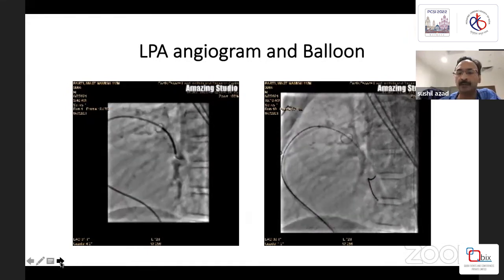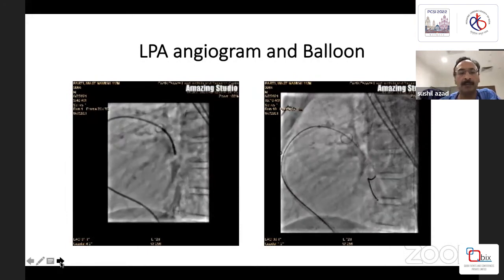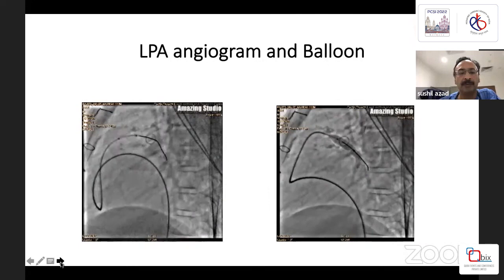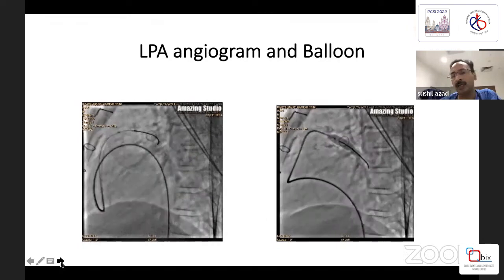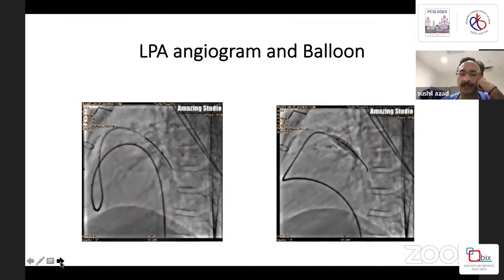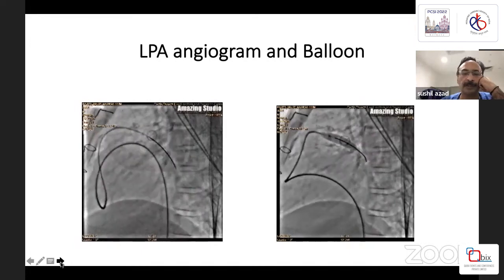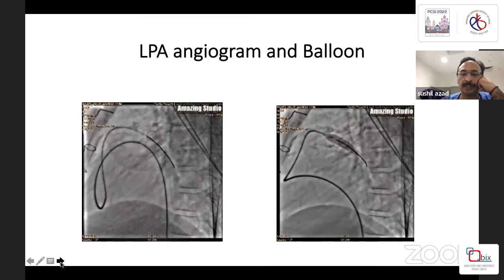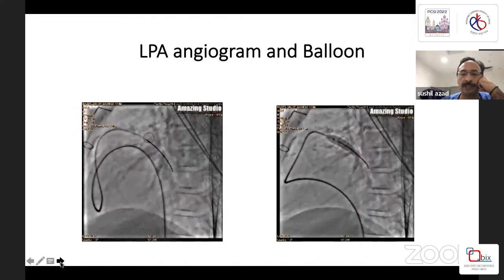We got a reasonably decent wire position, but whenever we tried to take a balloon across, we were not able to cross because of the angulation. Since we had checked the gradient before and there was no significant gradient across this narrow segment, we thought we'd balloon it, but unfortunately, because of the angulation, we were not able to take the balloon across the left pulmonary artery.